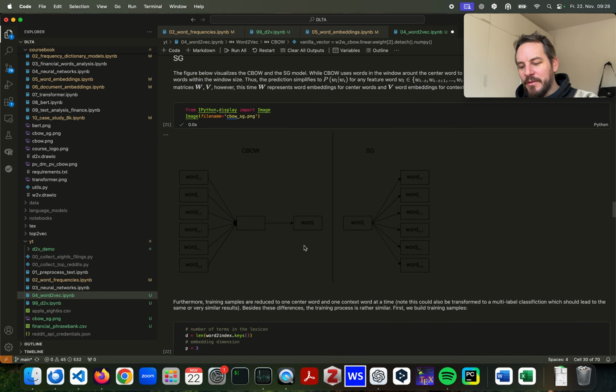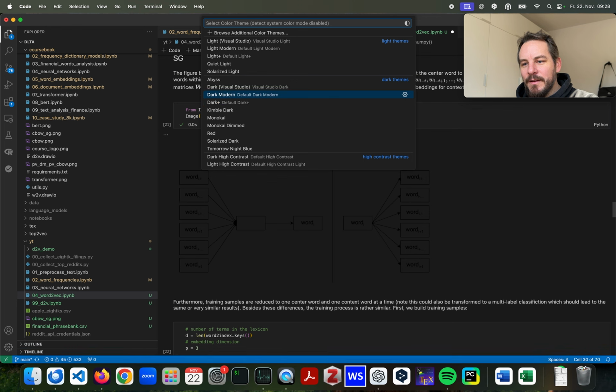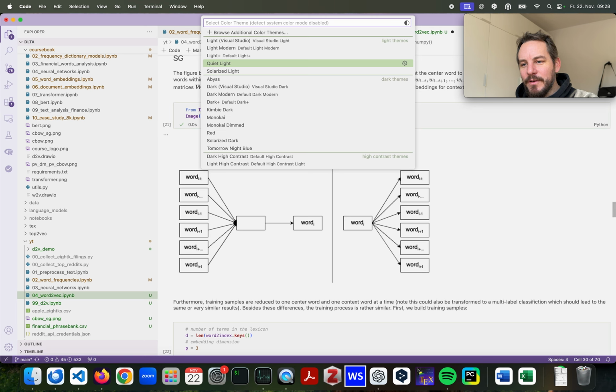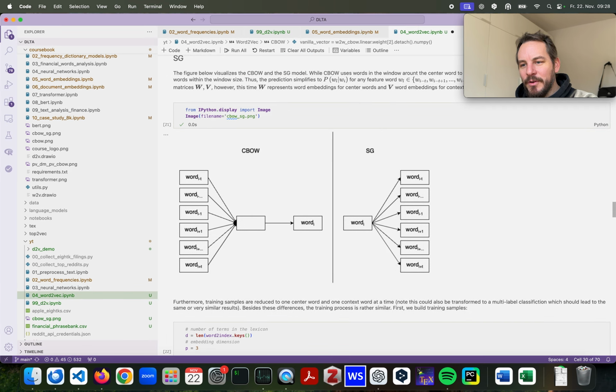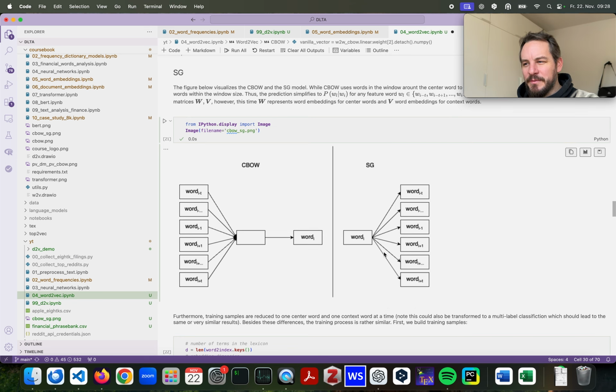The skip gram algorithm. Okay, sorry. Let's quickly go here to a light mode. So in this video, and especially in the last video, I explained in a detailed way the continuous bag of words approach. So I'm not planning to do the same thing for the skipgram model here.